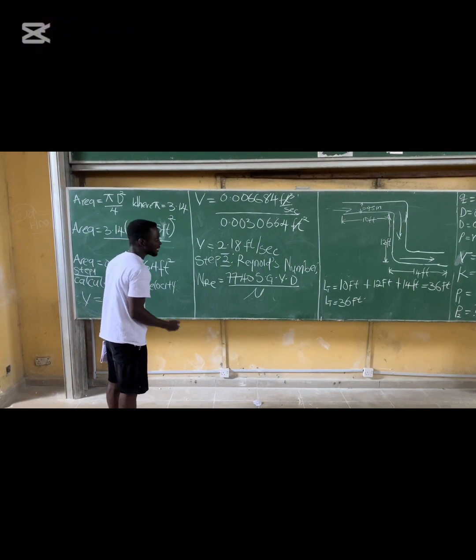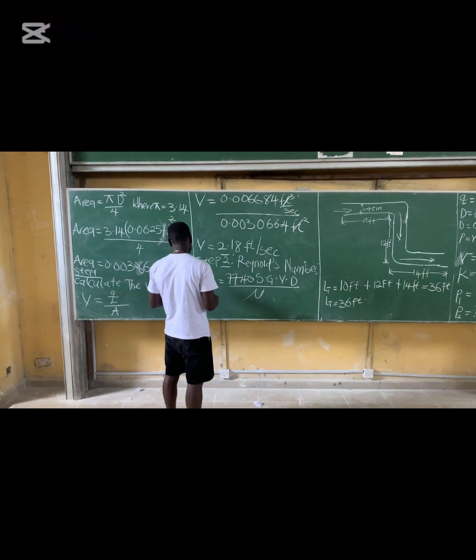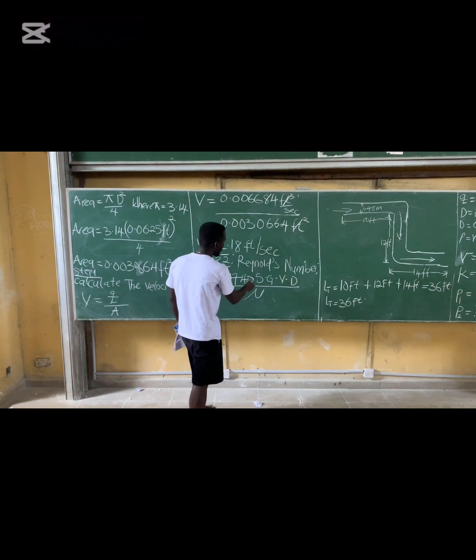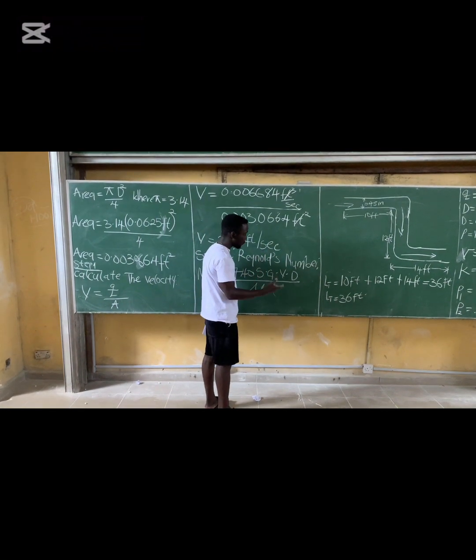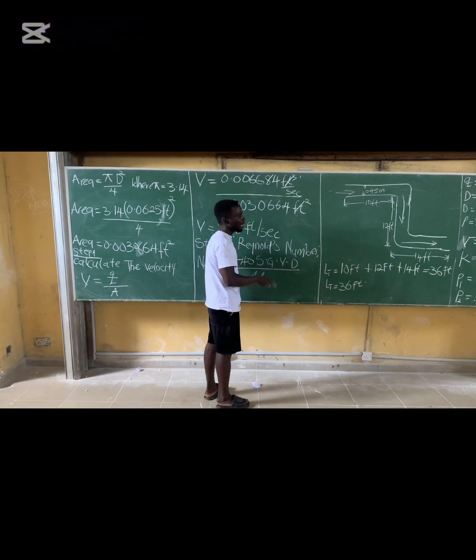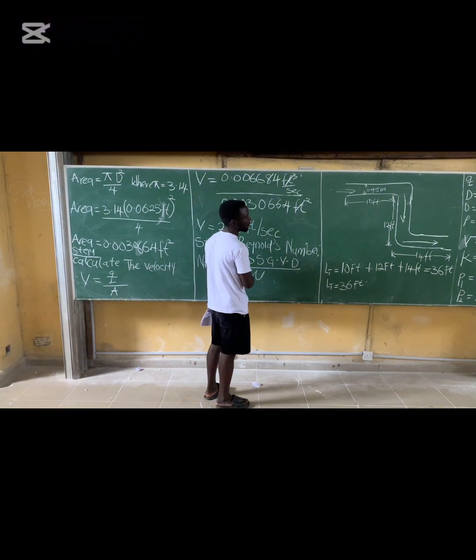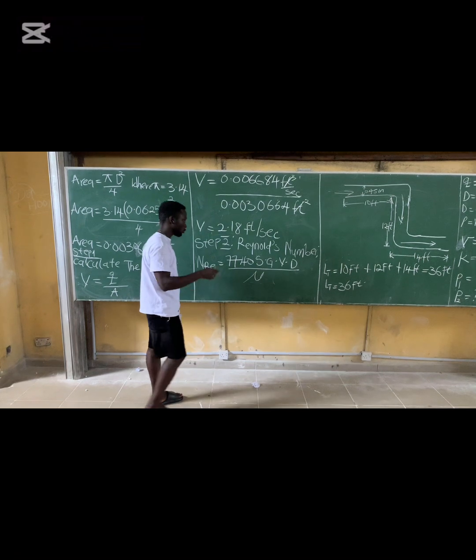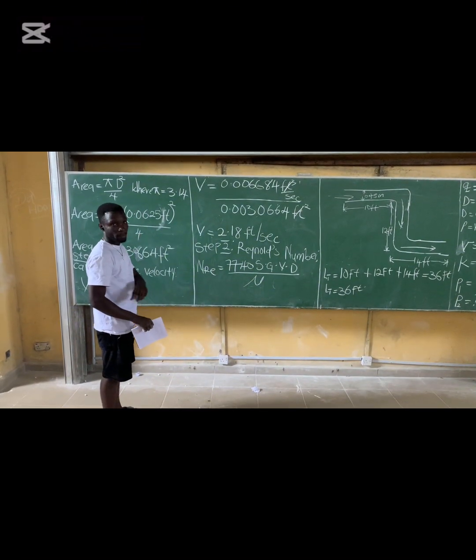But in this case now, he didn't give us specific gravity. So how do you get specific gravity? There are two ways of getting specific gravity.